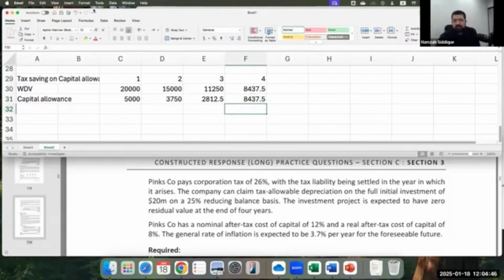So capital allowance calculation is clear to everyone? Tell me.